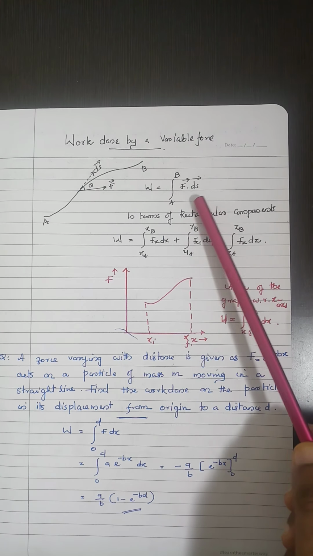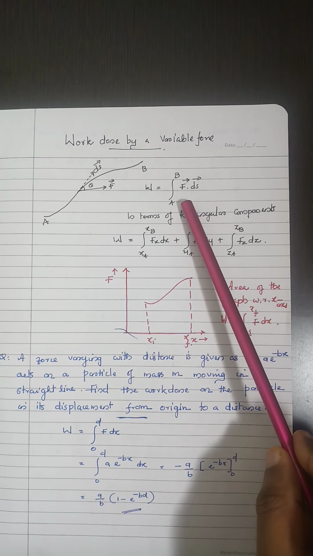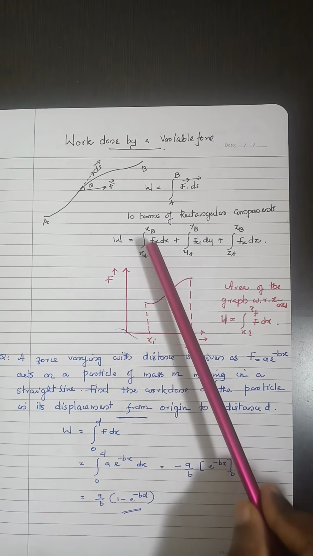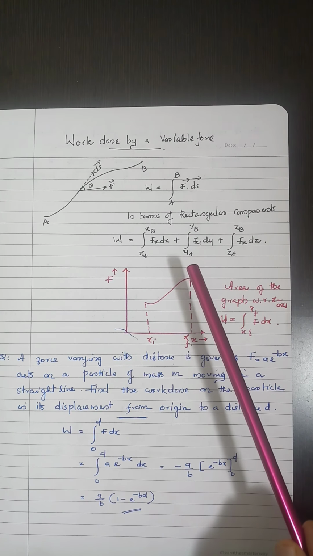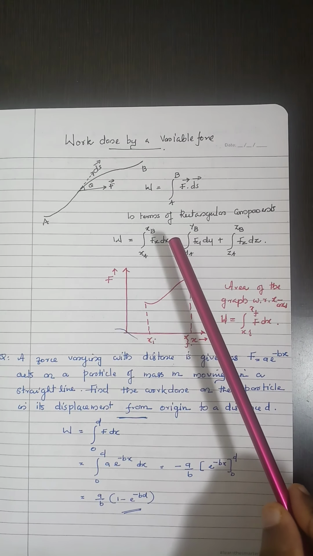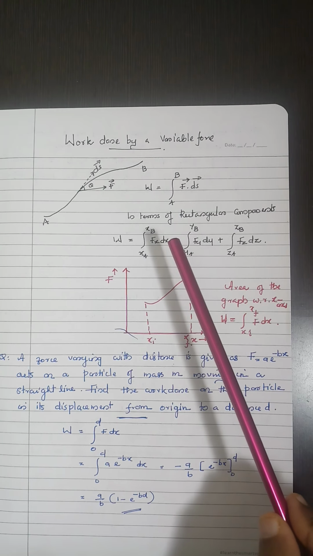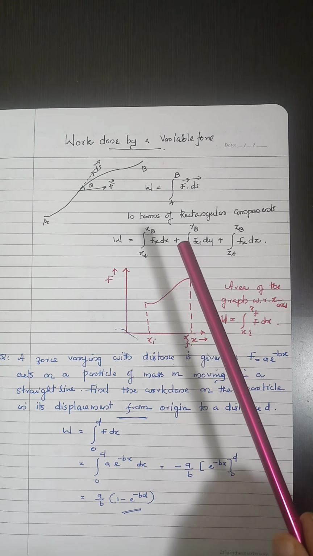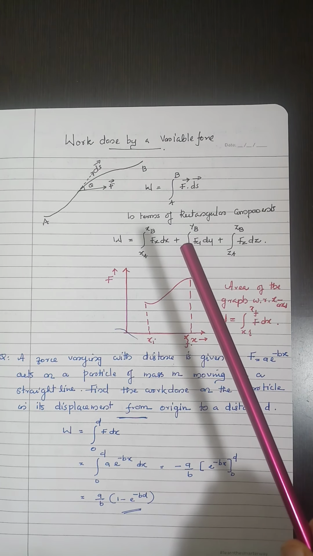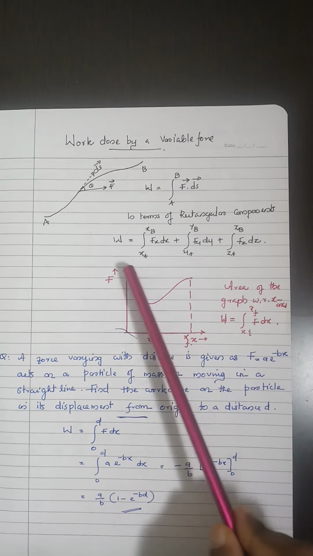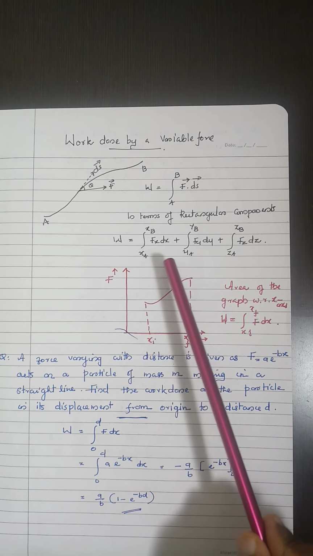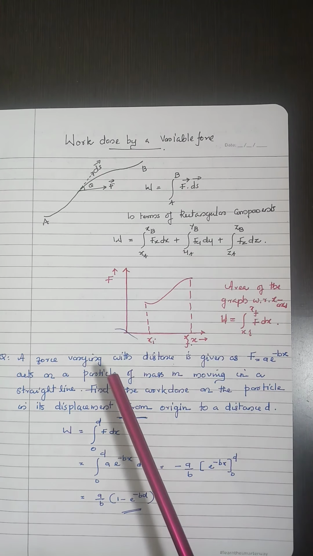We can move to the next concept, the work done by a variable force. Look at the expression: integral a to b of F dot ds. In terms of rectangular components, if F is equal to Fx i plus Fy j plus Fz k and ds is given as dx i plus dy j plus dz k, then easily we can find W in terms of rectangular components.